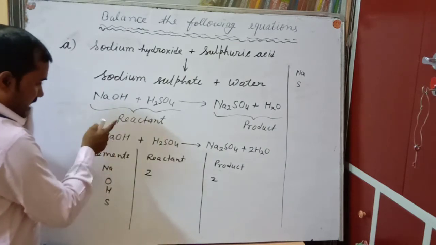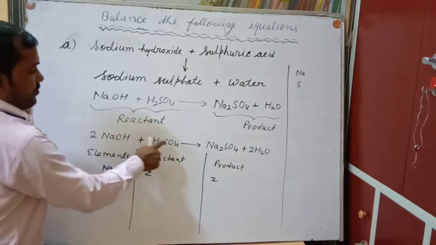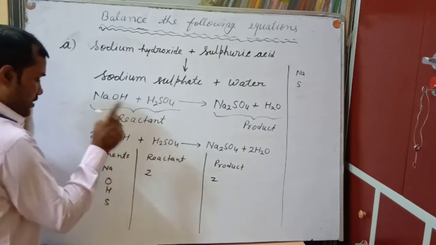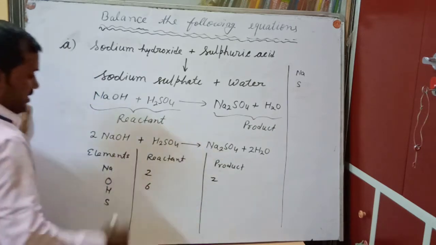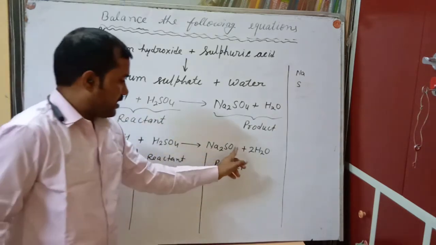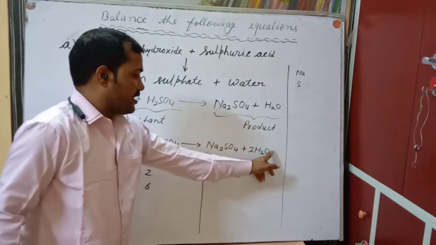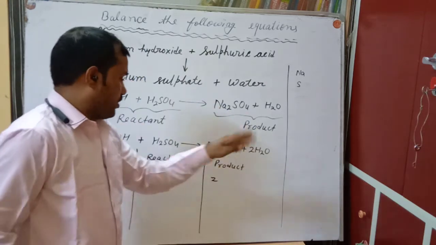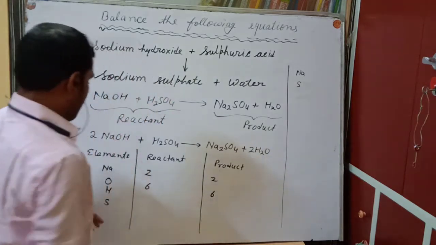Total oxygen in the reactant side, 2 oxygen here plus 4 oxygen here. So 4 plus 2 is equal to 6 oxygen in the reactant side. In the product side, 2 oxygen plus 4 oxygen, total 6.